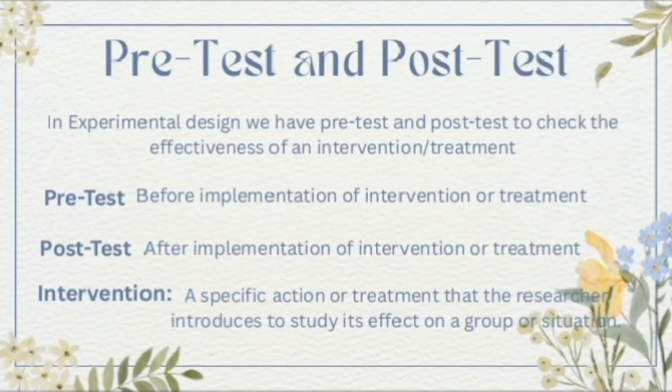In experimental design, we have a pre-test and a post-test. Pre means something before and post means something after. So the researcher conducts a test before a treatment or before an intervention, and post means that after a treatment or intervention the researcher conducts a test.